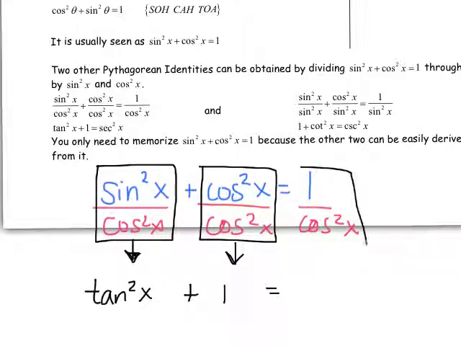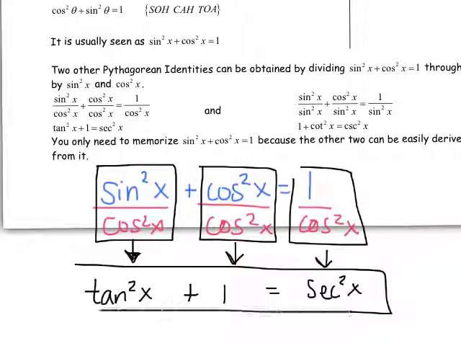And then 1 over cosine squared is secant squared. So this is a second Pythagorean identity. If you use that same logic, go back to the original. Now if we divide by sine squared everywhere, we can get this one.